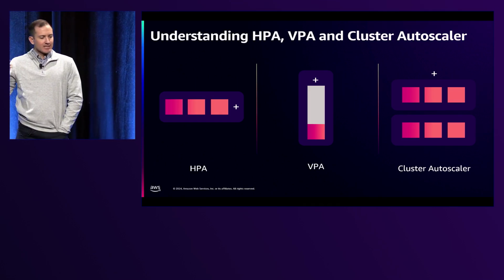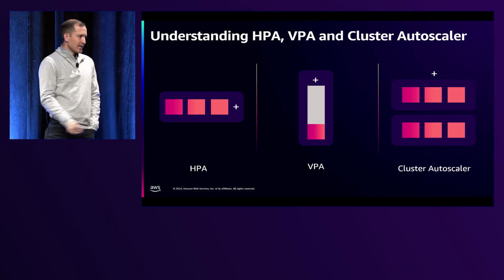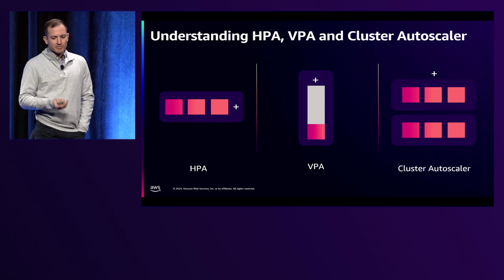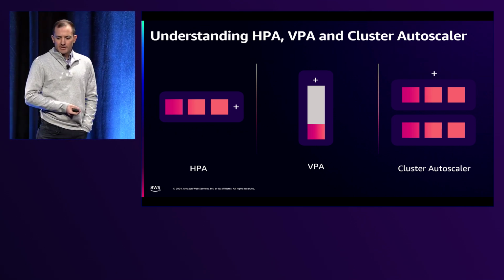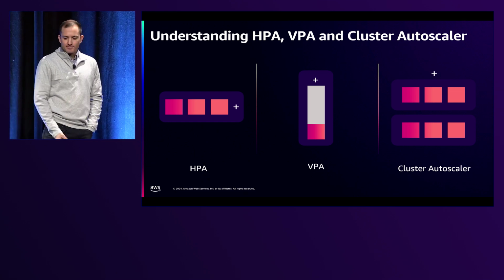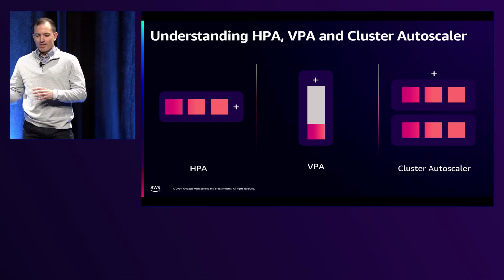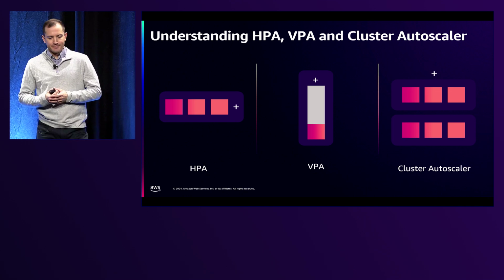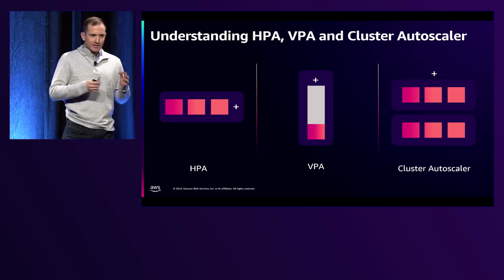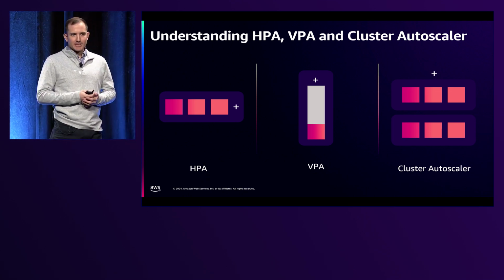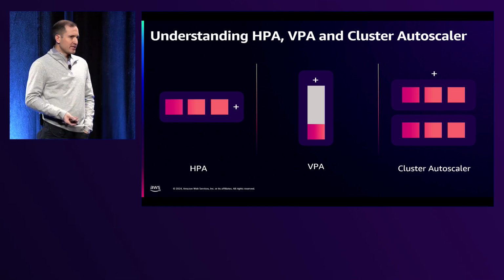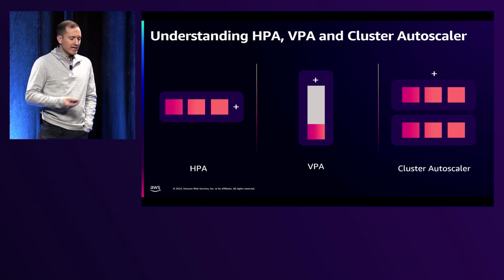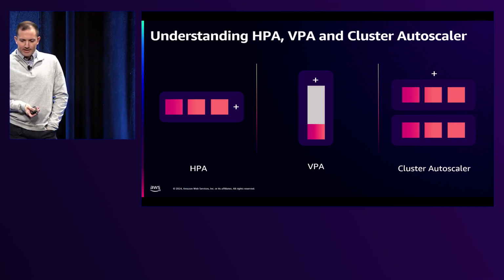I need to add X amount of nodes in this node group and make sure your infrastructure gets spun up. And then the Kubernetes scheduler can make sure your pods are landing on those nodes. So when you think about all the different components that can work together, these are all pretty critical aspects of managing your Kubernetes cluster. And all of this is really not specific to AI in any sense, but it's important as we go through the rest of our talk today.